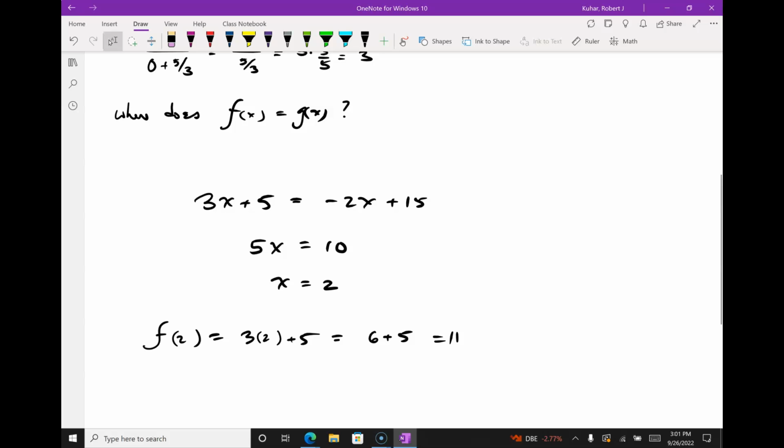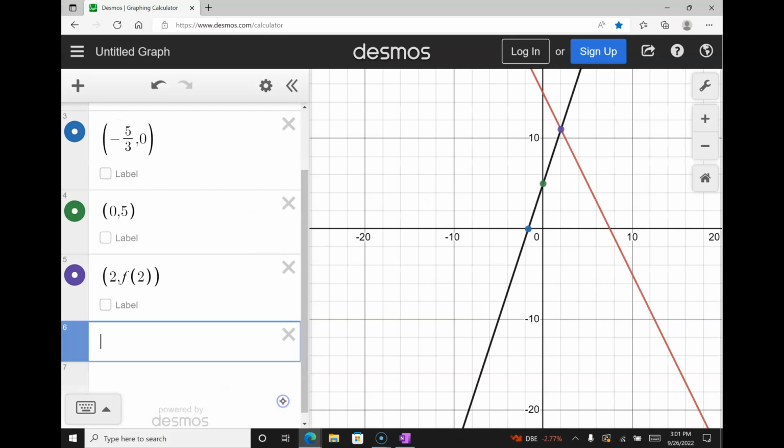The interesting one here is when is f of x greater than g of x? So I like to think of this thing as above and below. It's asking me, when is the function f of x above the function g of x? Or better yet, on Desmos, when is the black line above the red line?